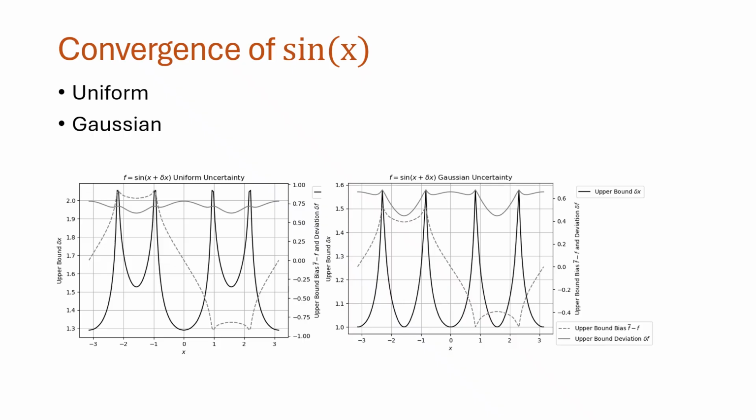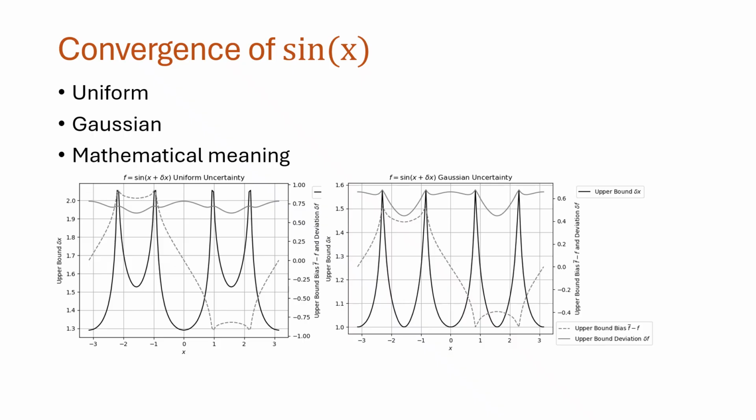You can see here, first, all these upper bounds are periodic, same as the sine function. Second, because the uniform distribution is smaller in its bounding range, you can extend to many more terms, which results in a much higher upper bound than the Gaussian, right?